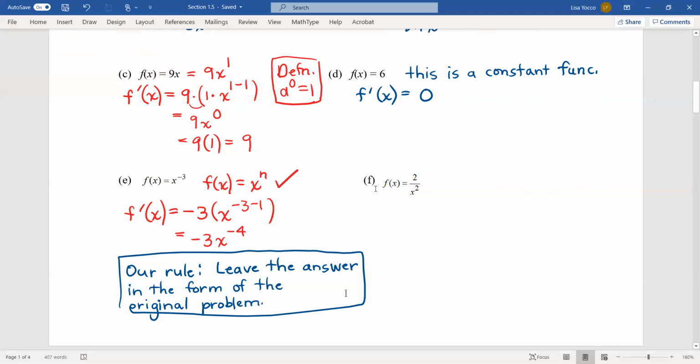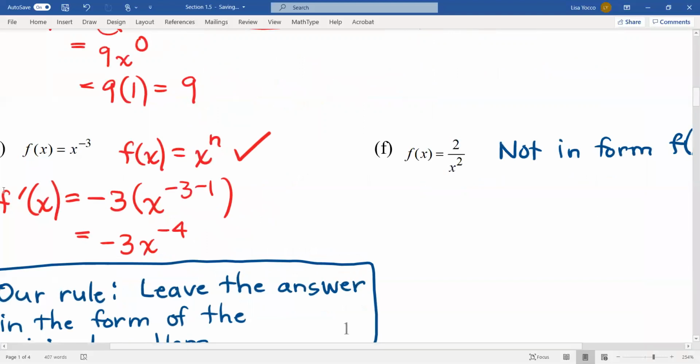For part F, this is not in the form we need. Why not? Because x is in the denominator.